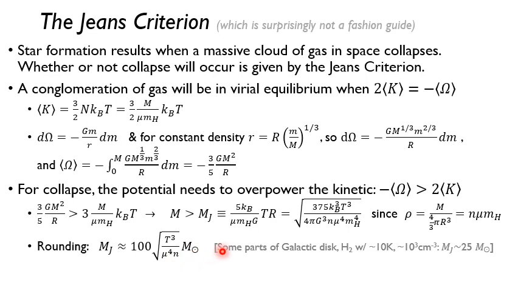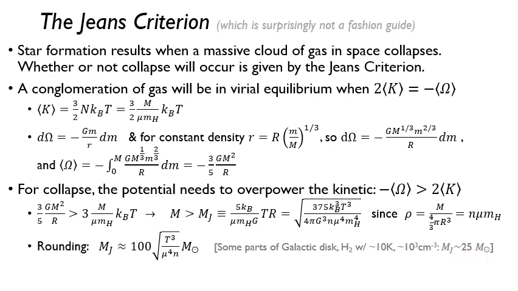And just to give you some numbers, for some parts of our galactic disk where we see star formation occurring, we have diatomic hydrogen, so that means mu is actually 2. The environment is about 10 Kelvin, and the density is about 10 to the 3 molecules per cubic centimeter, which is pretty small. And you find the Jeans mass is about 25 solar masses.